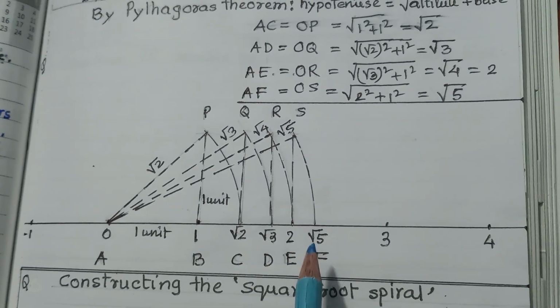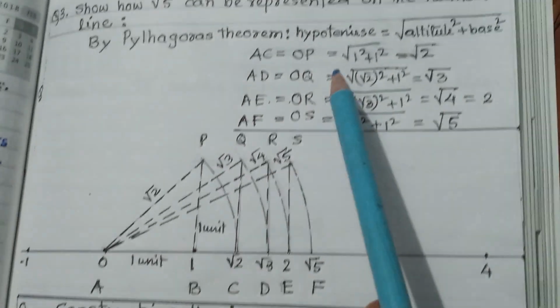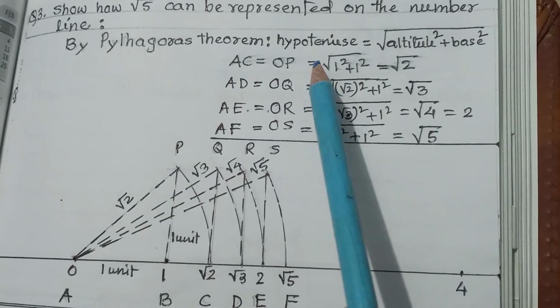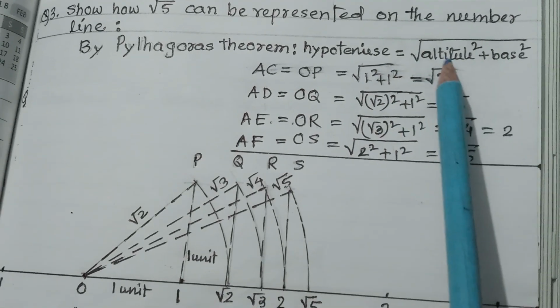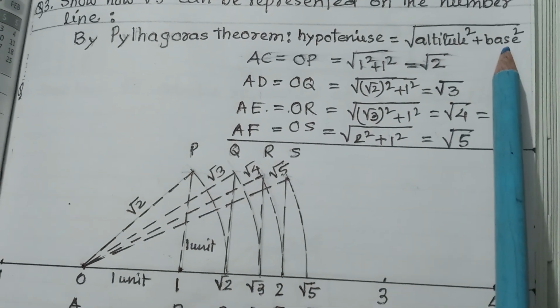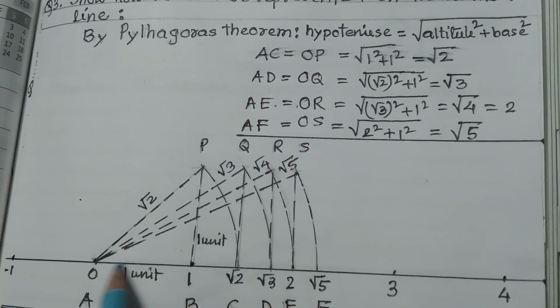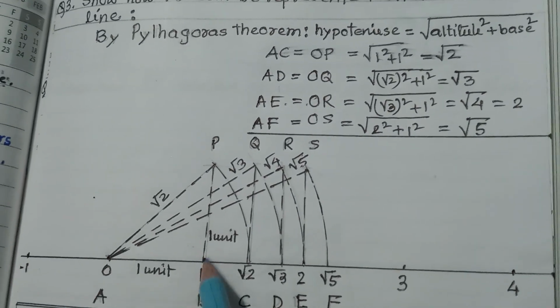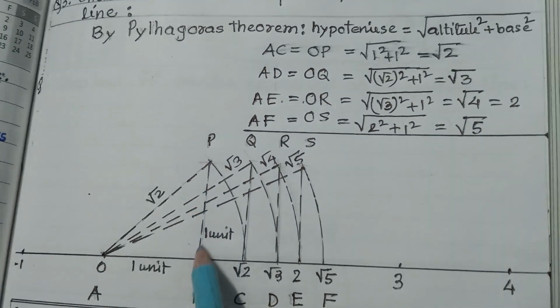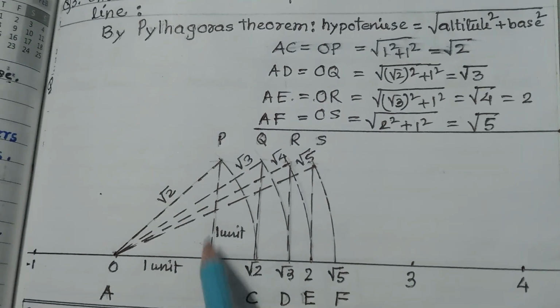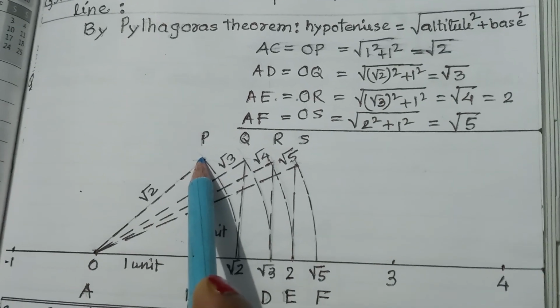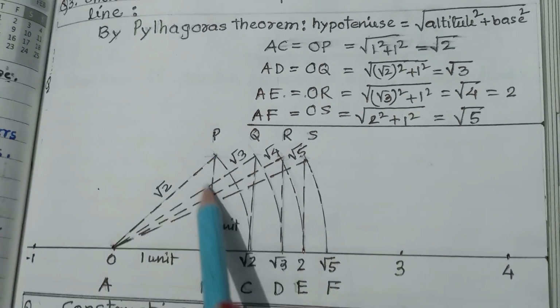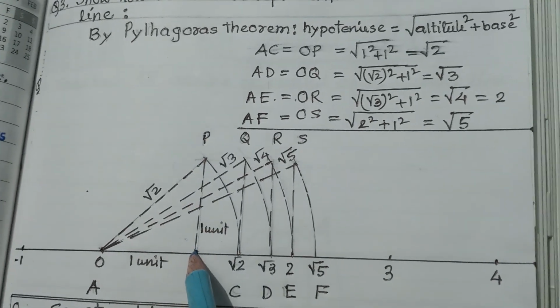For that we know the Pythagoras theorem: hypotenuse is equal to under root of altitude square plus base square. Now check it here, it is 1. At point B you draw a perpendicular of the same distance, so it is also 1 unit. By protractor you draw this perpendicular line.